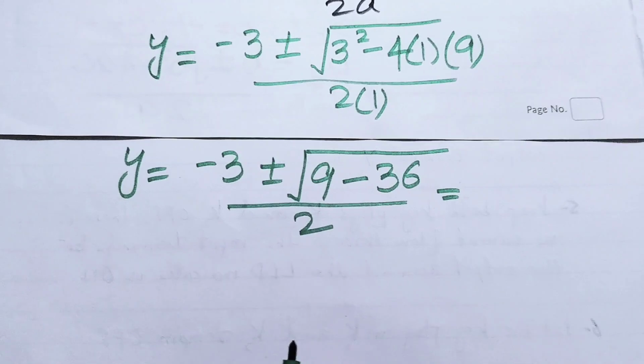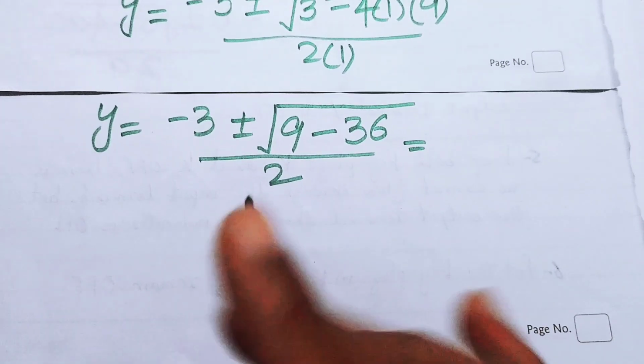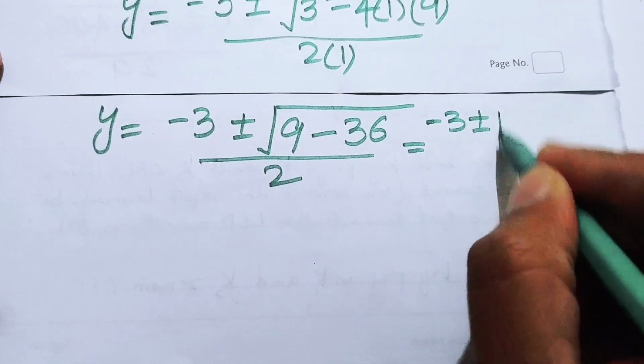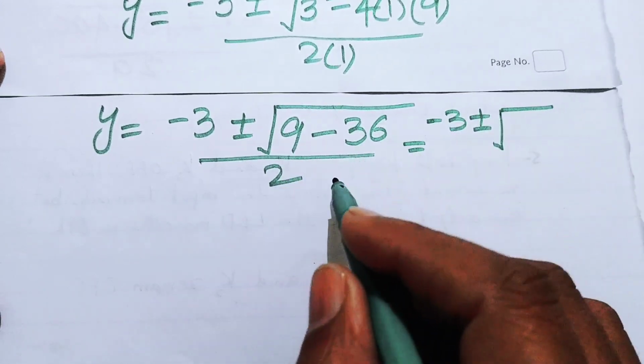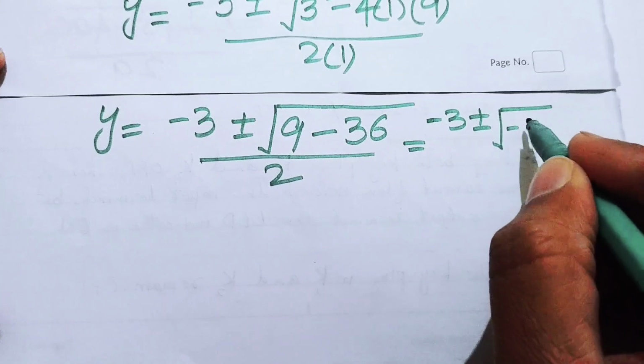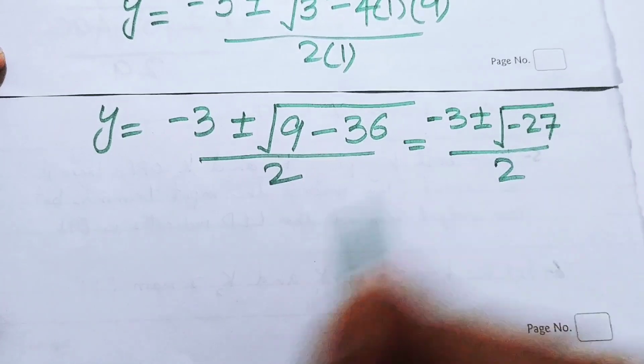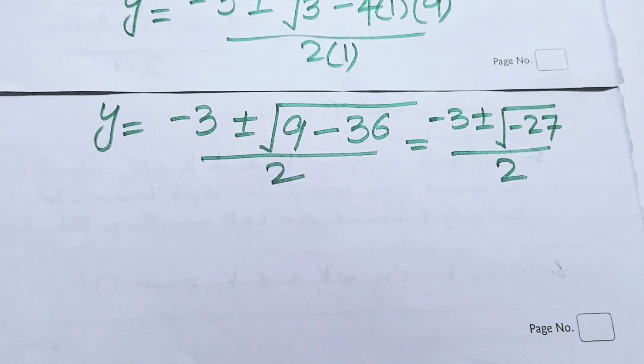And now in the next step we have minus 3 plus minus square root of 9 minus 36, and you know that 9 minus 36 equals minus 27, and it is divided by 2.